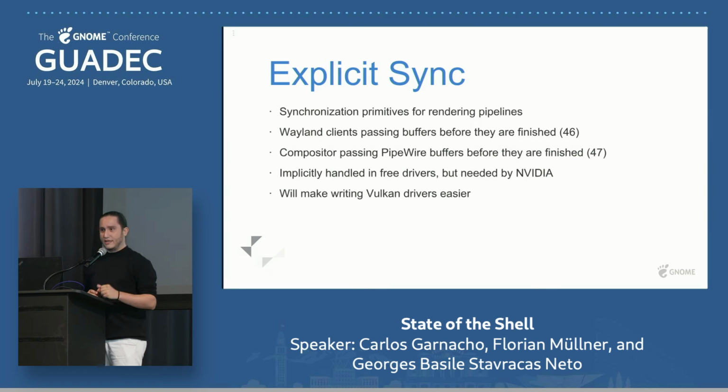The next cool thing that I want to mention is explicit sync, which is something that people have been talking about for a long while. This particular feature is heavily associated with NVIDIA, although it has its own merits outside of just making NVIDIA work.